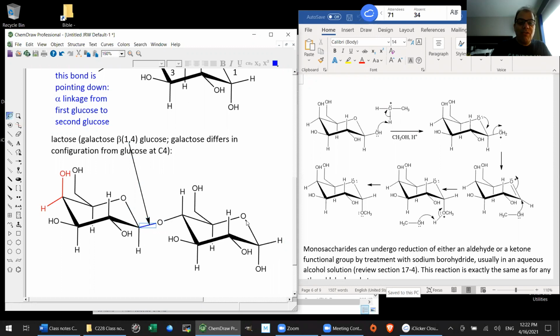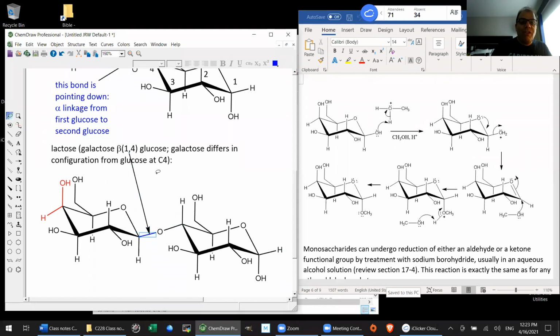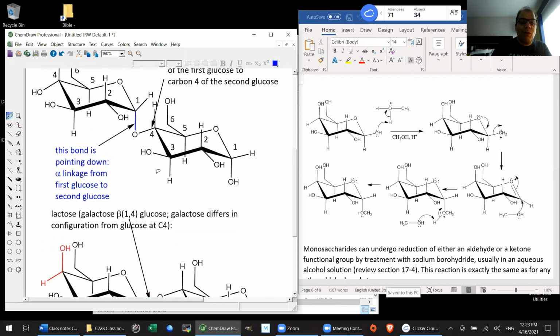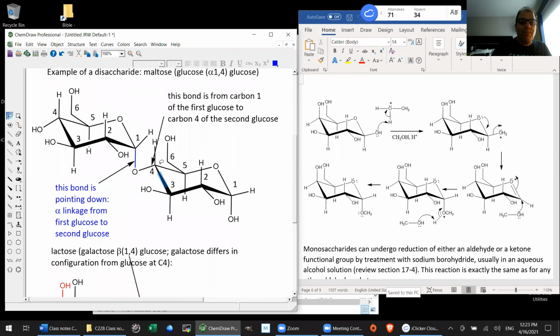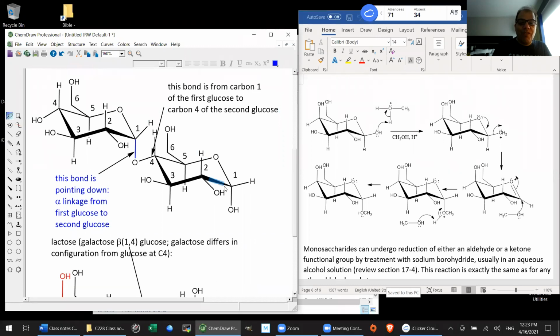And over here is your glucose molecule. And here we're connecting carbon 1 of the galactose to carbon 4 of the glucose. I should mention it's only a coincidence that both of these have linkages from carbon 1 of the first sugar to carbon 4 of the second sugar.